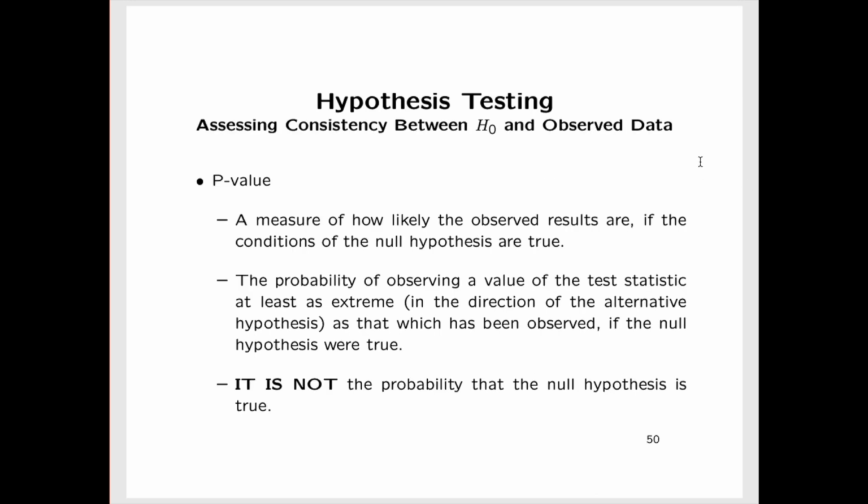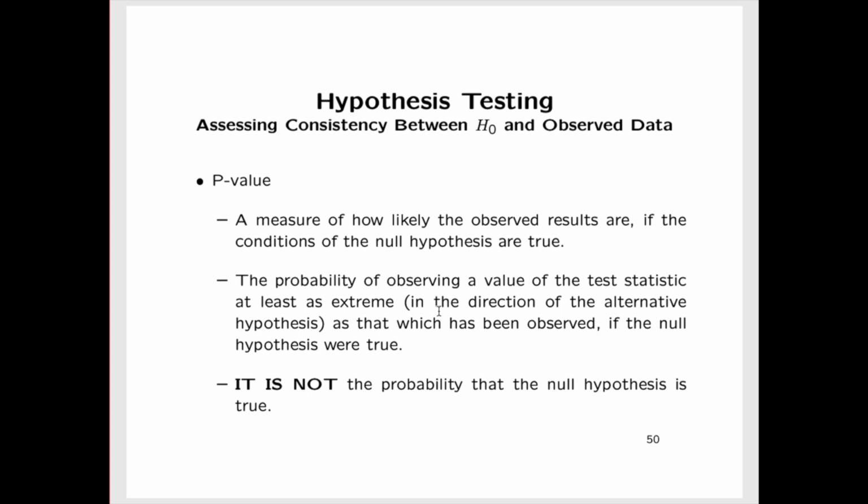Now again, I want to reiterate what a p-value is and how we use it. It's very important that we understand exactly what a p-value is. We don't want to misrepresent it or misunderstand it. The p-value is a measure of how likely the observed results are if conditions of the null hypothesis are true. It's a conditional probability.